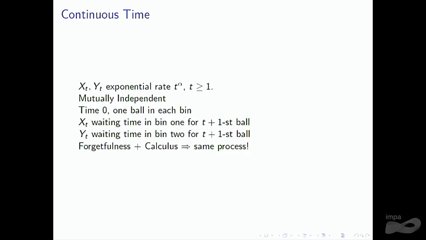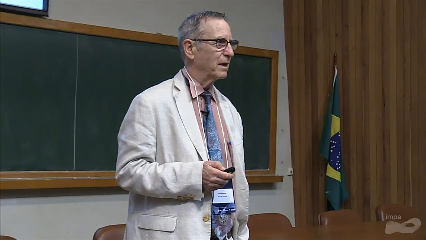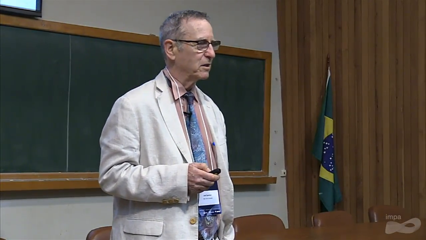But the key idea in analyzing preferential attachment is to use continuous time. And continuous time, well, I said I wouldn't make general comments, but I am going to make a general comment. Continuous time is just a very, very powerful tool in analyzing discrete processes.